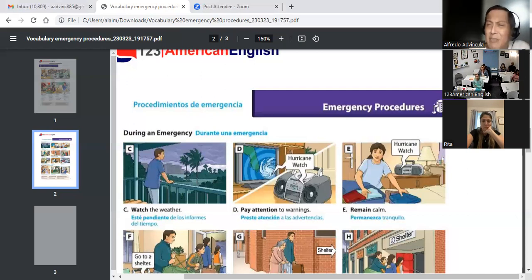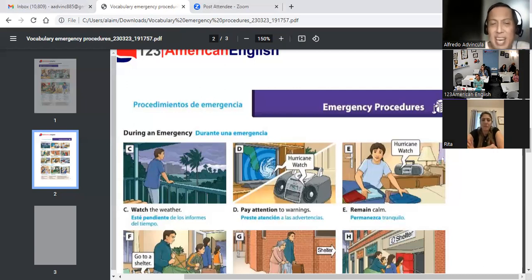It kind of makes me think maybe more of a hurricane. So that's what I see in this picture, letter C, because the trees are blowing kind of strong. So either it's rain or the strong winds are telling us that something is coming.